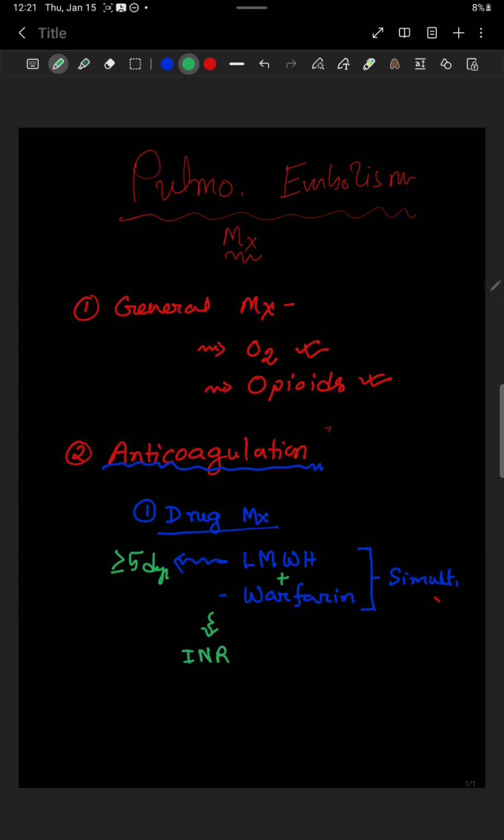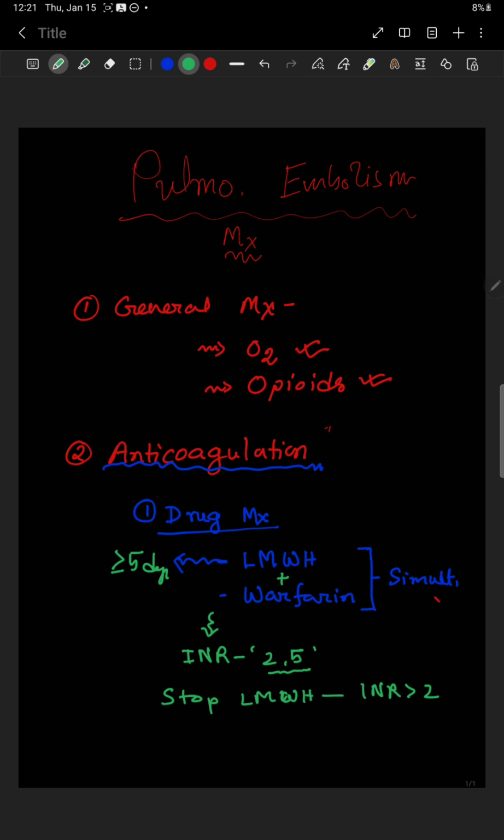There will always be a target in management, so your target INR is 2.5, or range 2 to 3, and you can only stop low molecular weight heparin if INR is more than 2. Then you can continue with that warfarin.